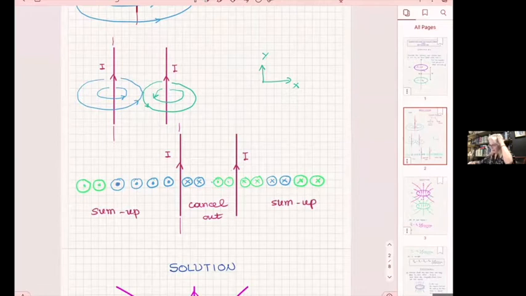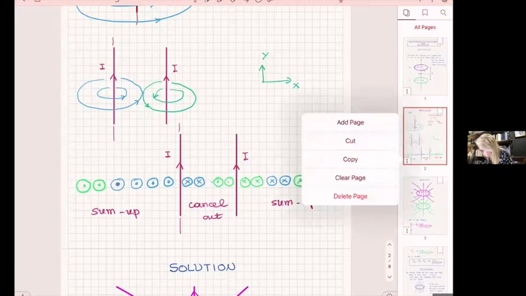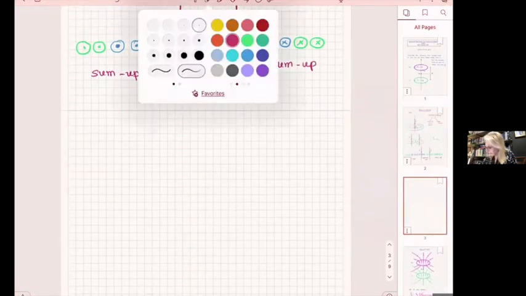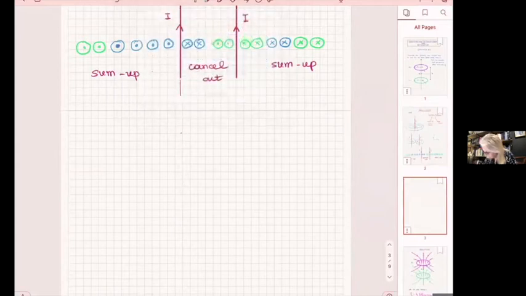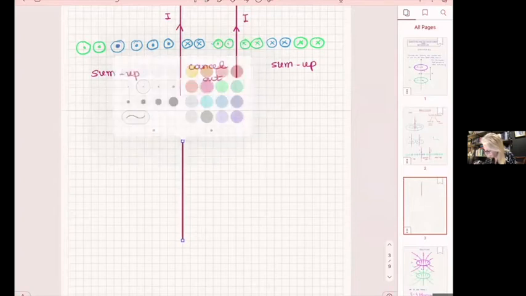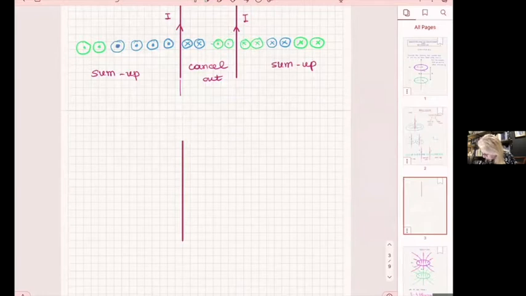Okay. Now, if I were to take the same thing and then use two currents like this, like that. All right, one is up, as before, but the other one is down.